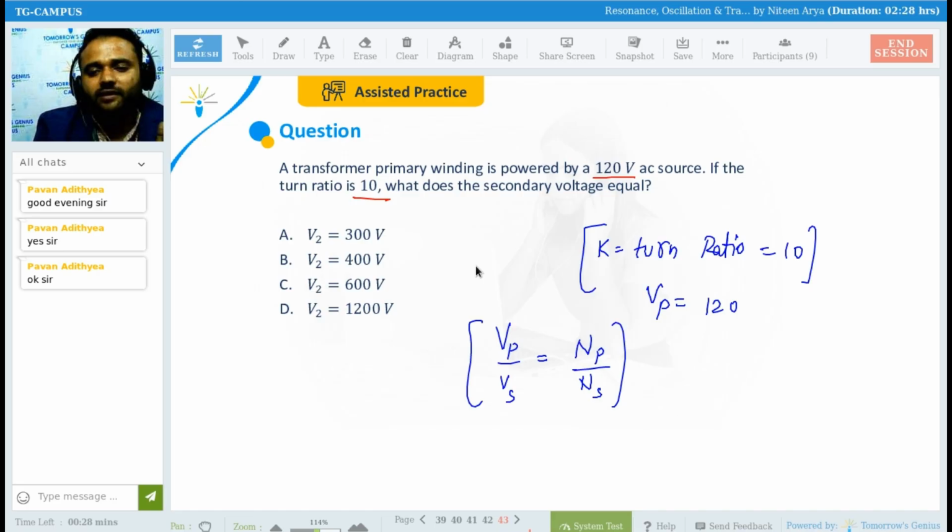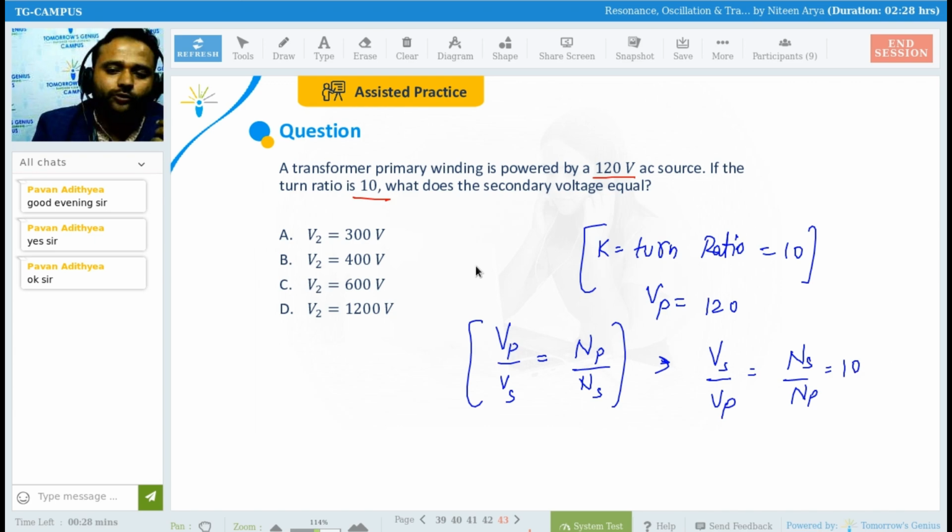So that is directly multiply. Okay, turn ratio. Here turn ratio is given in the opposite sense. Then you can find this. Okay, because using this, if you divide, so 12 is not given in this list. So the obvious thing is VS by VP is given, and that is NS by NP, which is 10.